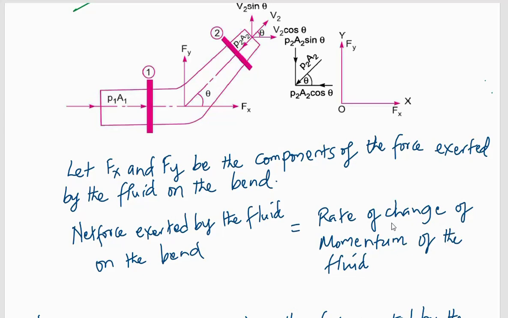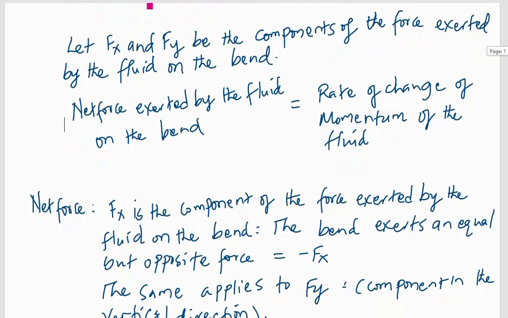We know the rate of change of momentum of the fluid according to Newton's second law of motion. We see that the rate of change of momentum is equal to the force. In other words, Newton's second law of motion says that the rate of change of momentum of a body is directly proportional to the force applied and takes place in the direction in which the force acts.